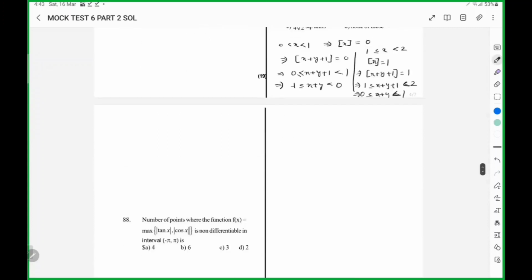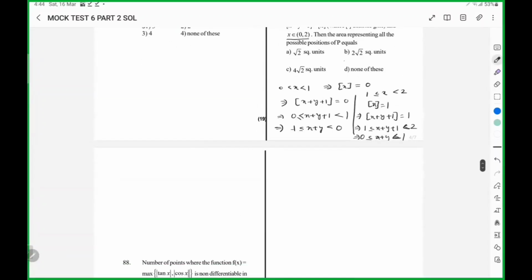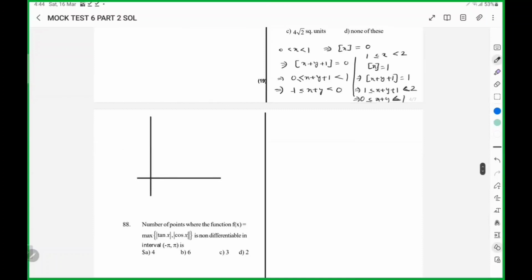Now, area problems let us solve by using graphs. Here x plus y 0 means y equal to minus x.